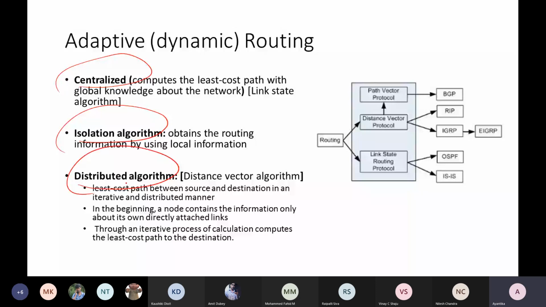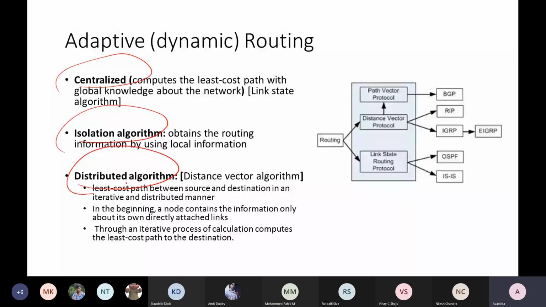From the name I think you can understand that centralized means one central node is there, where the whole computation of the routing algorithm can be taken care of with knowledge of the full network. So in case of centralized routing, the knowledge we require is the full global knowledge of the network.